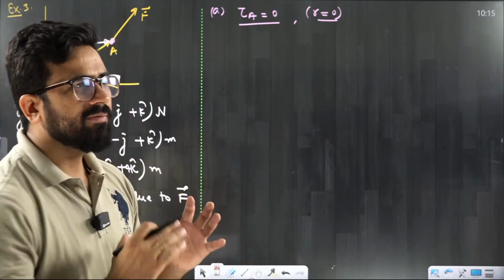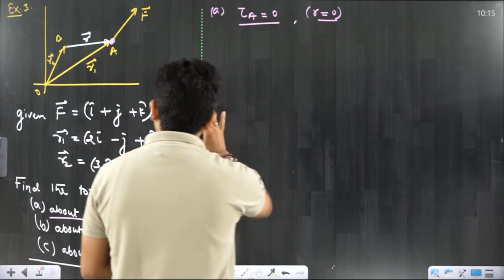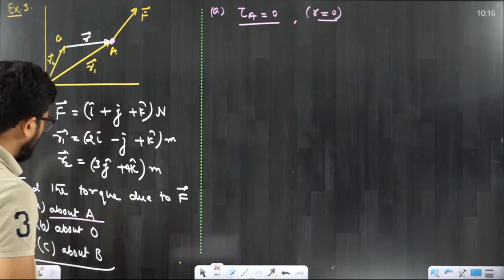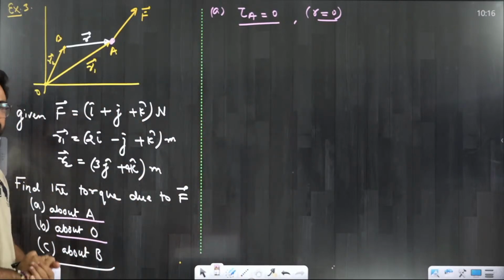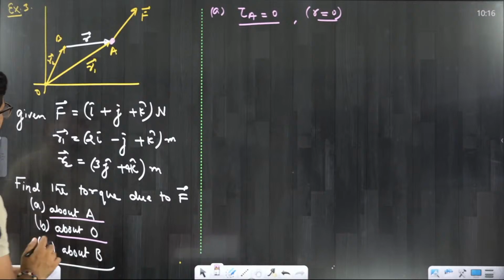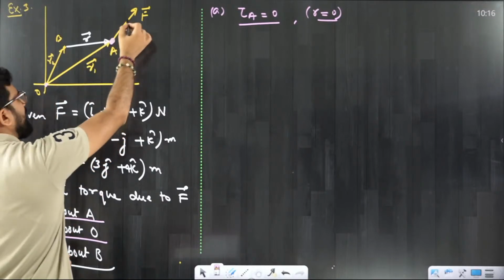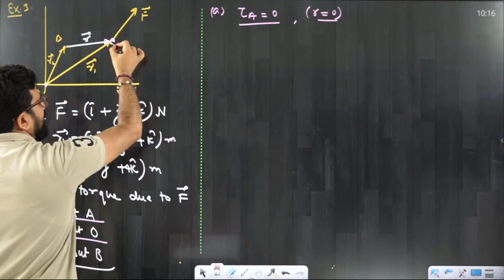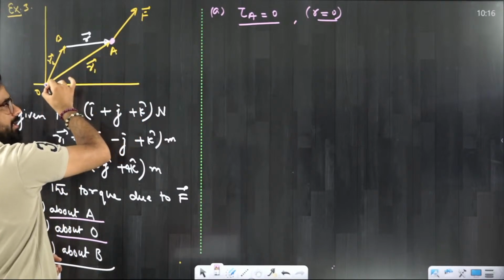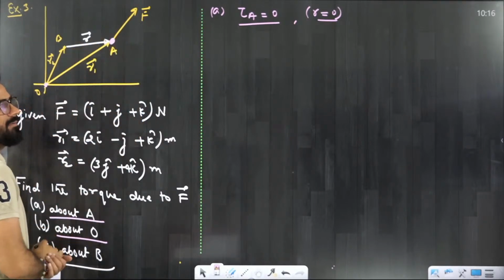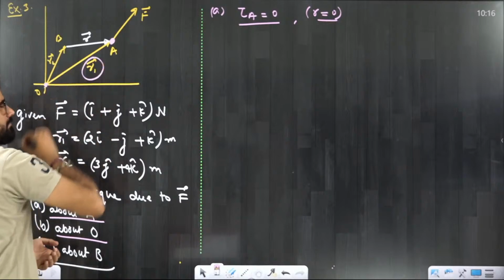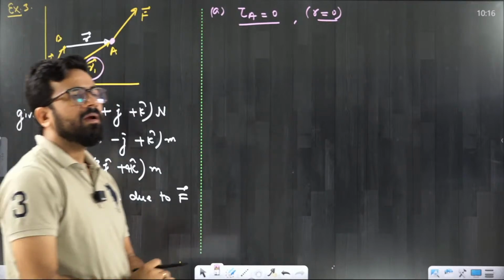Okay, so this is the very basic thing. We understood that the torque is equal to 0. But now come to about O. We have to calculate about O, this point. F is acting at A, point O is here, and from O to A there is the R vector, that is nothing else but R1.